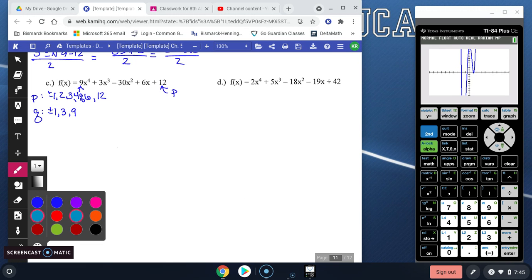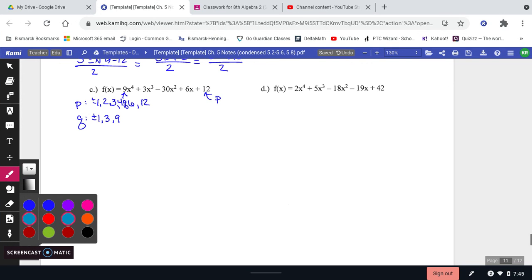So when I go to do my P's divided by my Q's, we're going to have quite a list. So I've got 1 divided by 1, 2 divided by 1, 3 divided by 1, and so on.